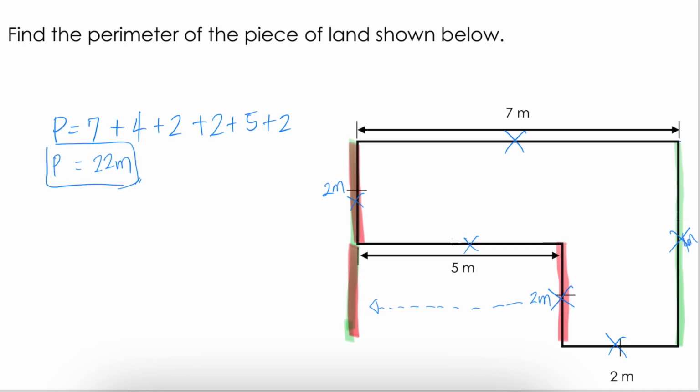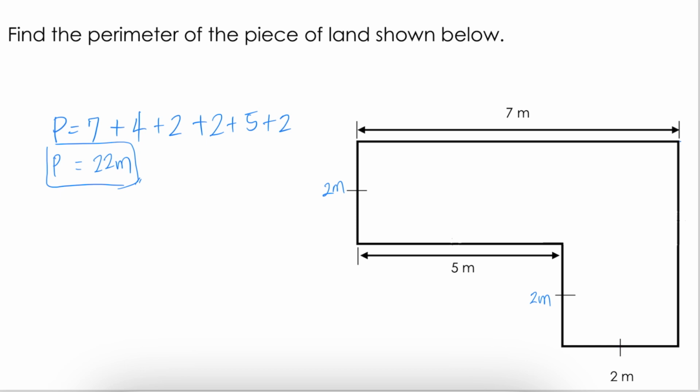Another way to get the perimeter of this composite figure is imagining it as a whole rectangle. And that actually is like what I did earlier, wherein I tried to move one side. I tried to move the 2 meters, the 2 meters, and make it one whole rectangle.